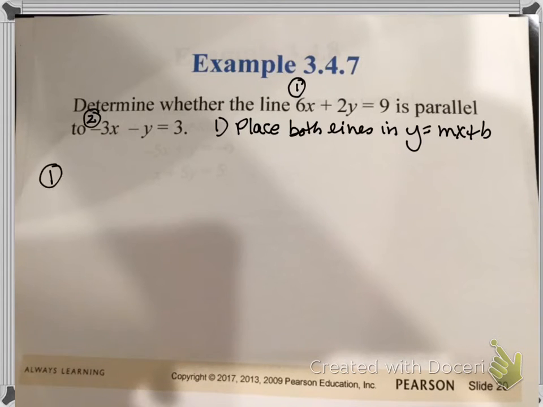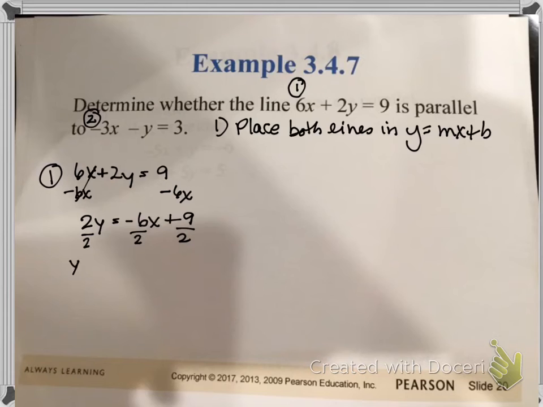So line number 1 is 6x plus 2y equals 9. I'm going to subtract 6x off of both sides. I get 2y equals -6x plus 9. I'm going to divide both sides by 2. And I get y equals -3x plus 9 halves. Okay, so the slope of my first line is -3.